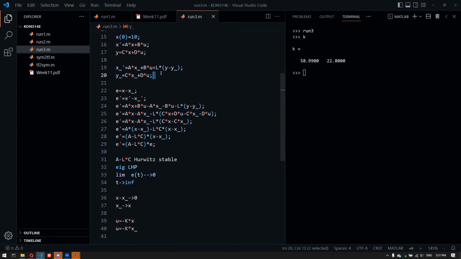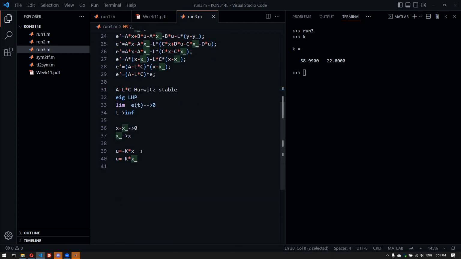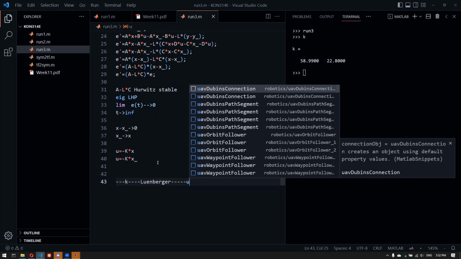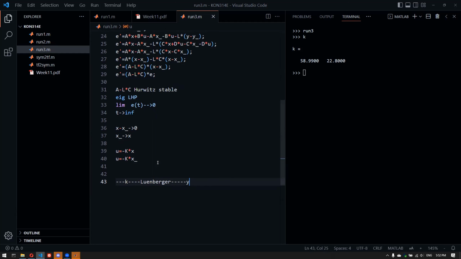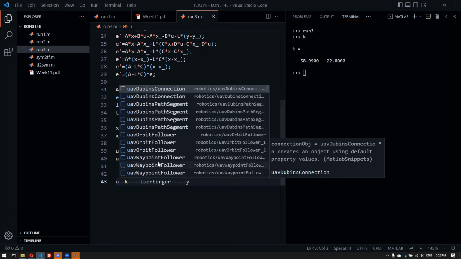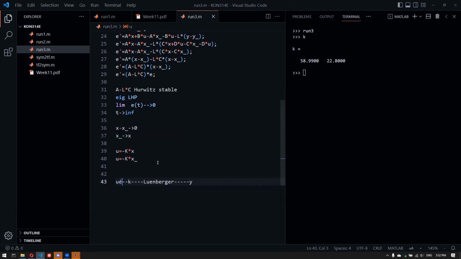And this observer should give us basically the estimates of the states, which we are going to use for state feedback. Now we have a state feedback controller with the Luenberger observer together, that uses Y and creates our control signal here.